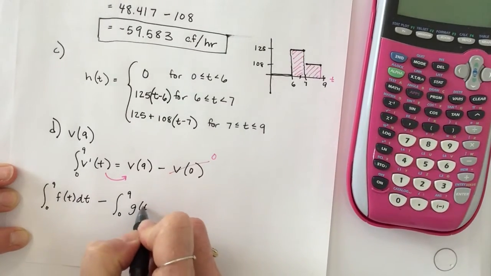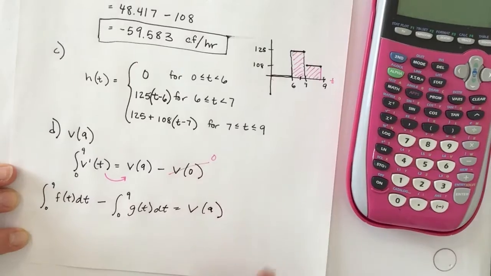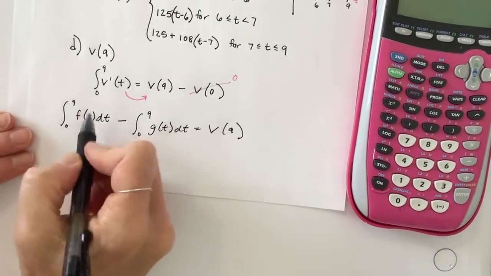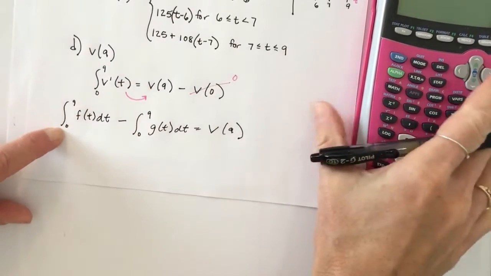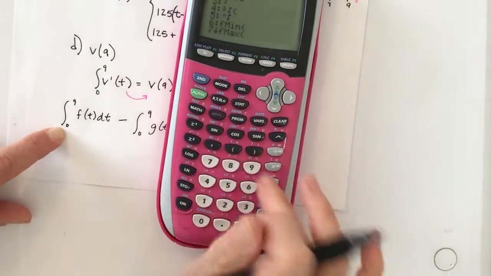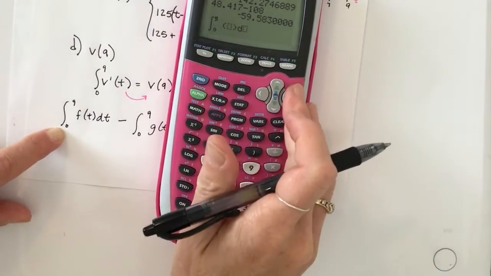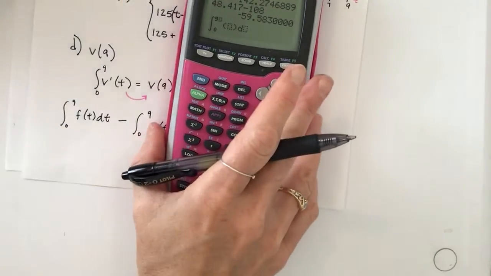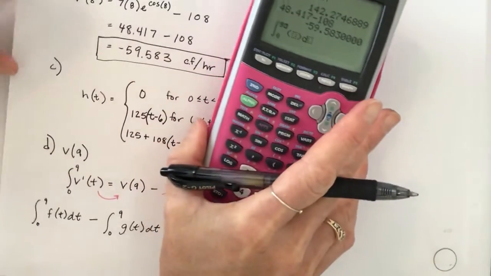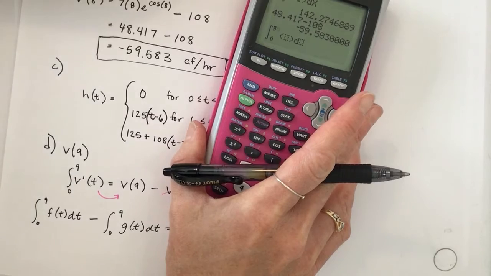of g of t dt is equal to V of 9. Okay, this one is easy. I can put that into my calculator. So again, math 9, 0 to 9. Oh wait, did it stop snowing at any time? Accumulates at the rate where t is measured since midnight.